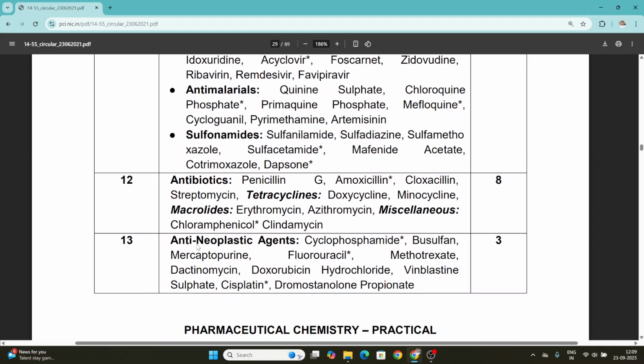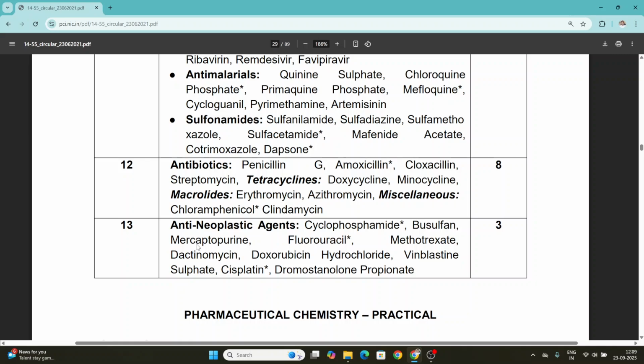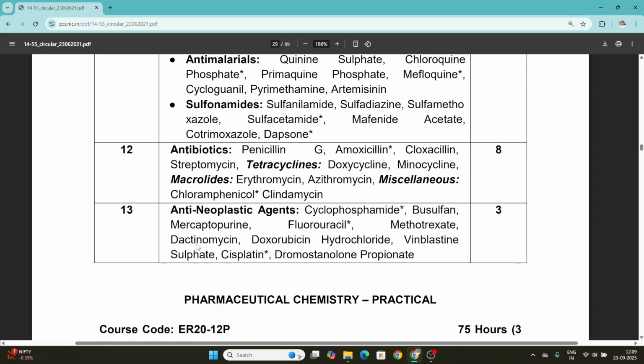Chapter 12, antibiotics: penicillin G, amoxicillin, cloxacillin, streptomycin. Tetracyclines are doxycycline, minocycline. Macrolides: erythromycin and azithromycin. Miscellaneous: chloramphenicol and clindamycin.